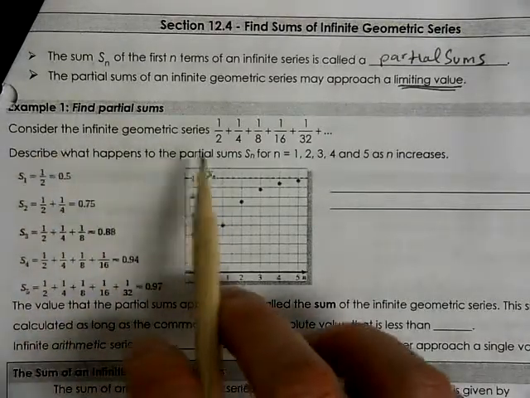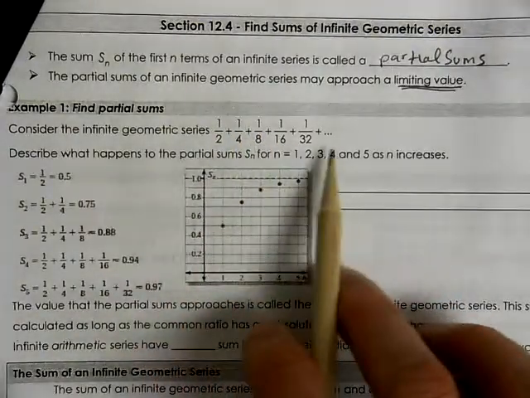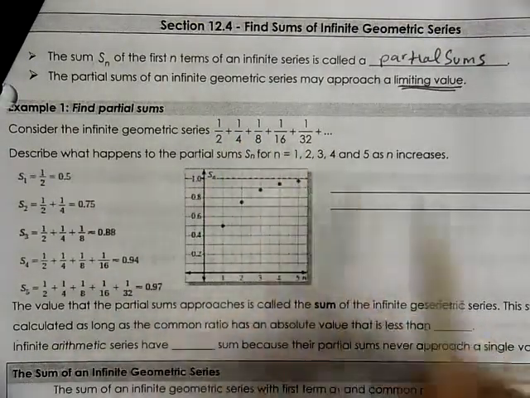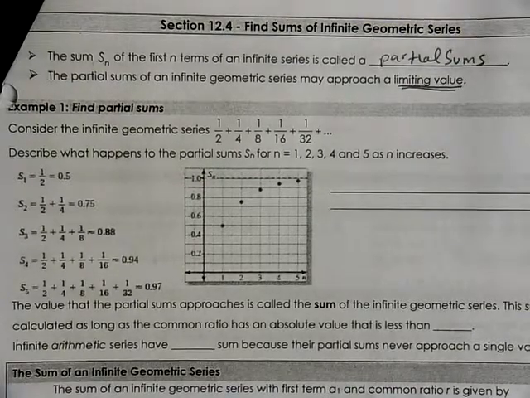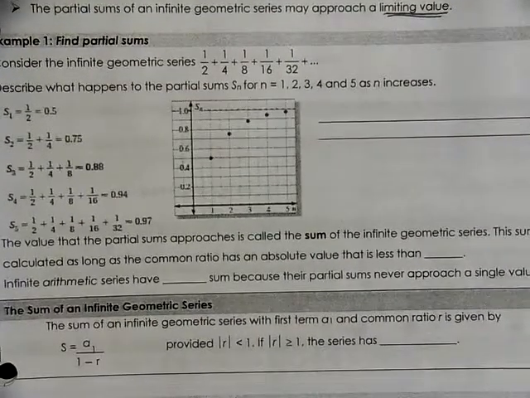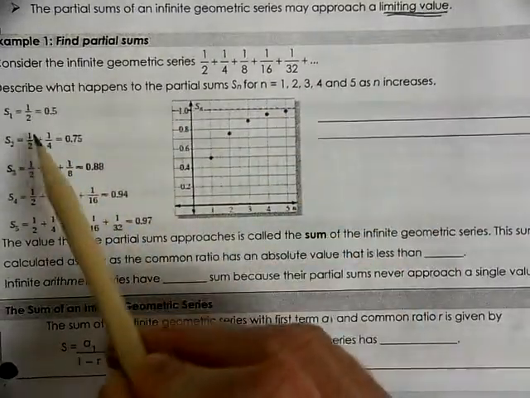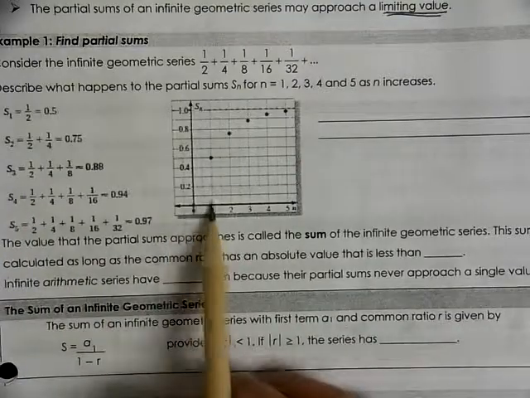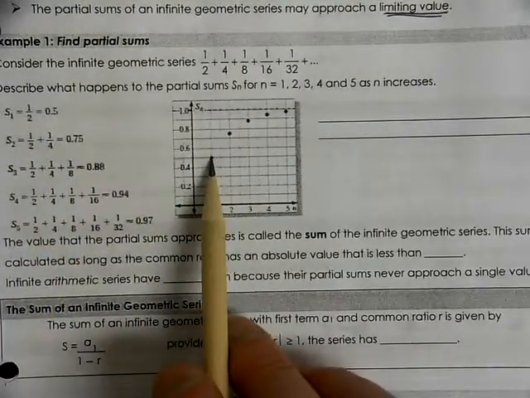Here we're going to consider the numbers 1/2, 1/4, 1/8, and so forth. We're going to add those together. When we're looking for the partial sums, this is typically in a graph. For the first term, we'll take our half.